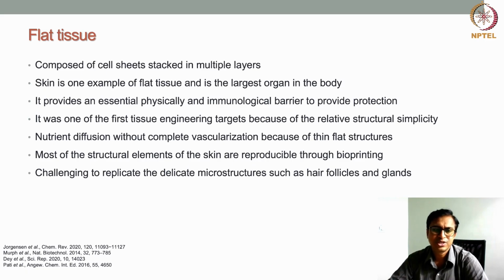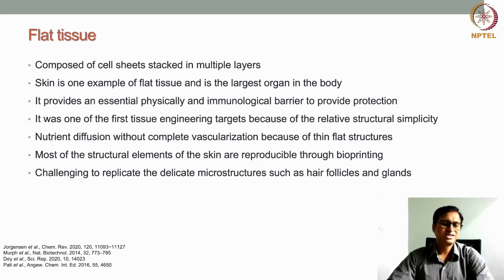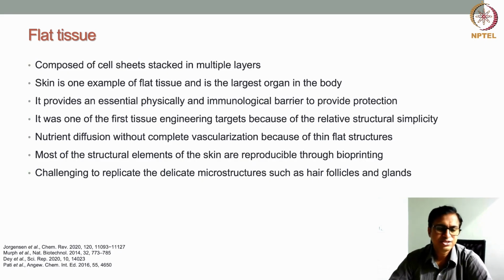But most of the research now is focused on developing these specialized structures on the skin, like hair follicles, glands, and also other things like how to generate nerve endings, or integrate nervous tissue within the skin graft, so that the bioprinted skin can have sense and tactile response.